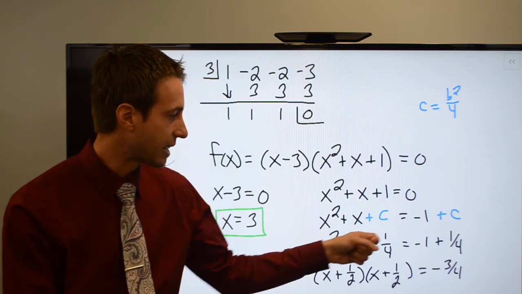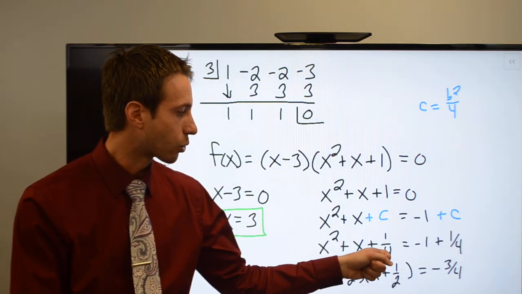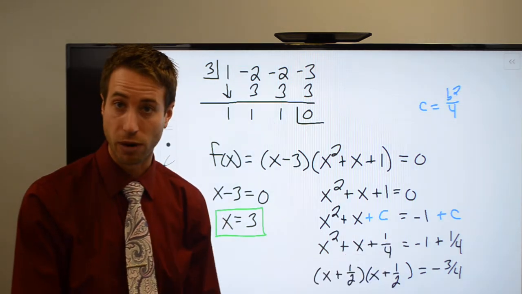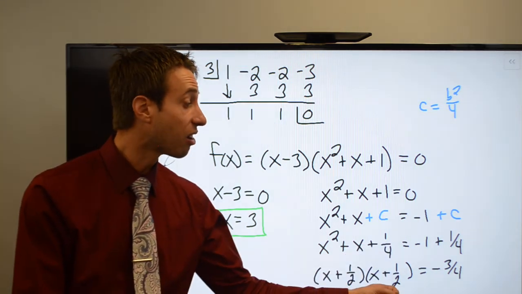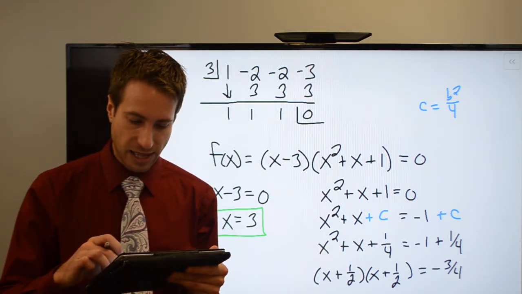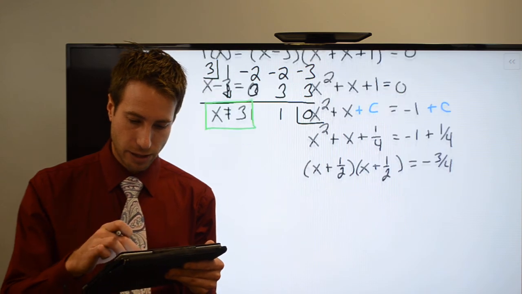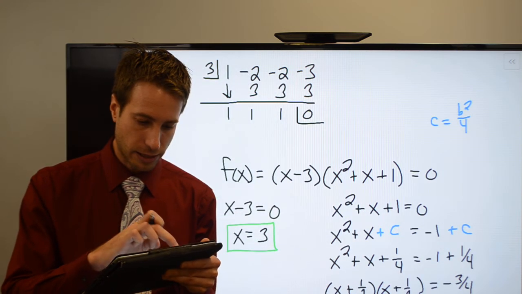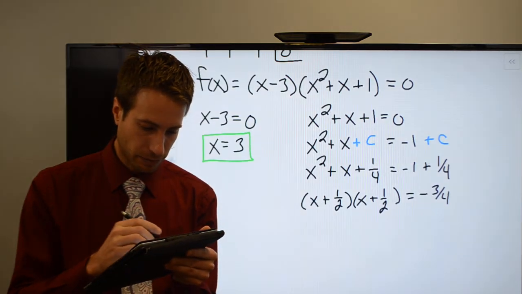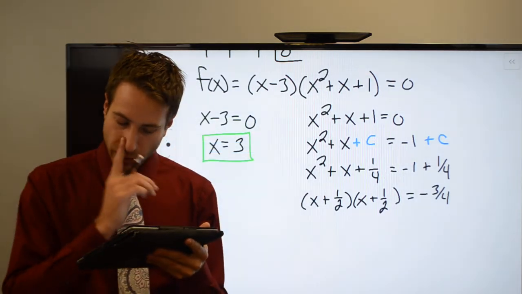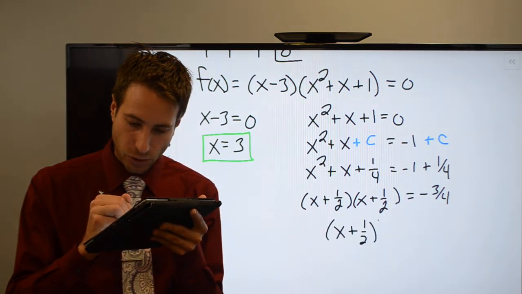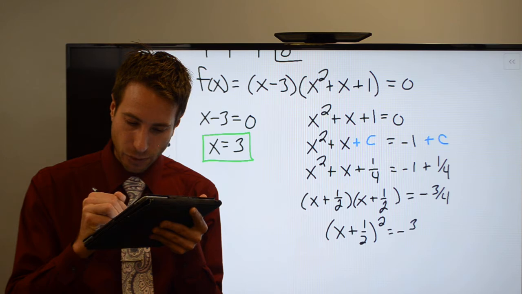And again, I got that by taking the square root of 1, which is 1, and the square root of 4, which is 2. So you multiply 1/2 times 1/2, you get 1/4. 1/2 plus 1/2 gets me a positive 1. Let me slide up a little bit further. Oh, hang on. Get this guy out of the way. There we go. Okay, I put these guys together. X plus 1/2 squared is equal to a negative 3/4.